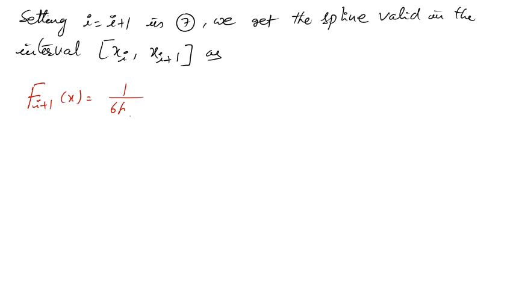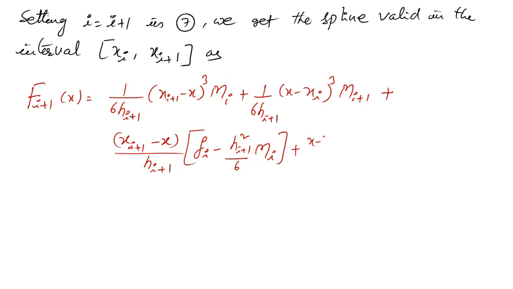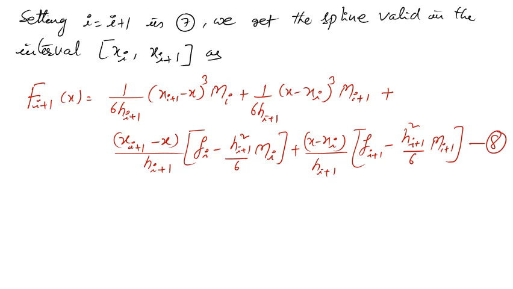This is equal to 1 by 6 hi plus 1 (xi plus 1 minus x whole cube mi plus 1 by 6 hi plus 1 (x minus xi whole cube mi plus 1 plus xi plus 1 minus x by hi plus 1 (fi minus hi plus 1 square by 6 mi) plus x minus xi by hi plus 1 (fi plus 1 minus hi plus 1 square by 6 mi plus 1), equation 8.